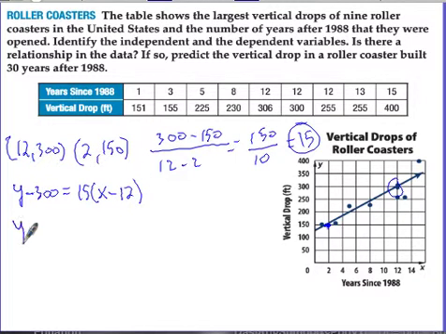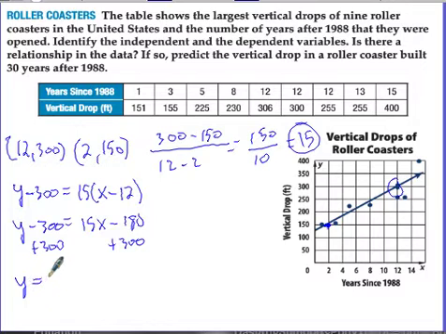So y minus 300 equals 15x minus 180. Add 300, so y equals 15x plus 120.